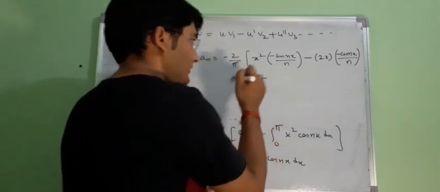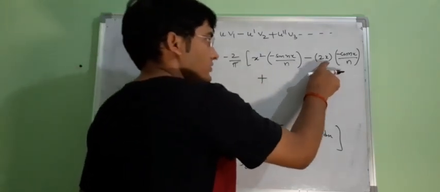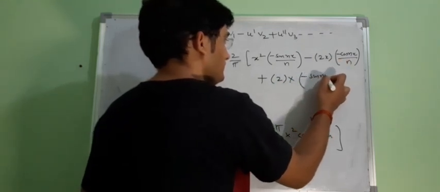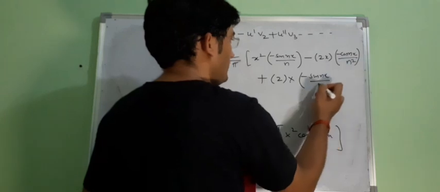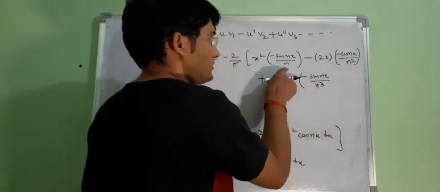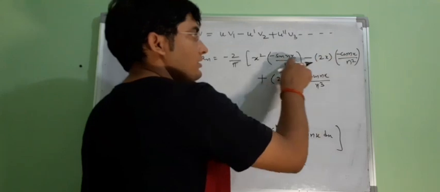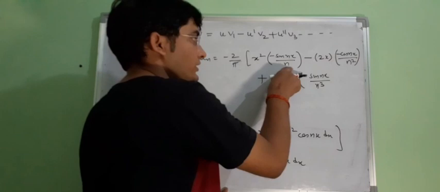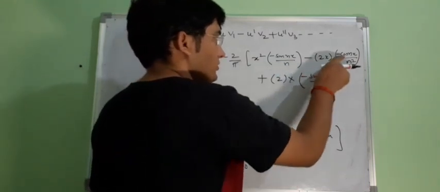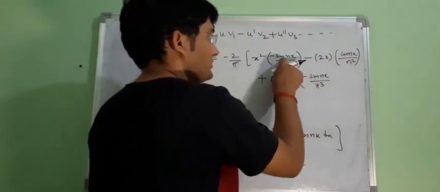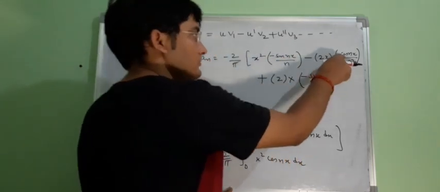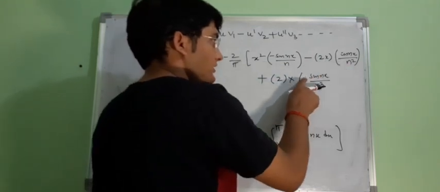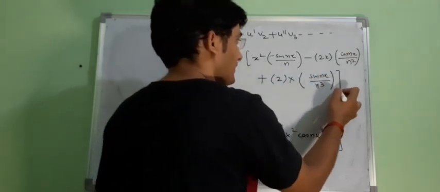Then we will have a plus sign, then the differentiation of 2x will be 2, and the integration of this bracket will be sin nx upon n³.